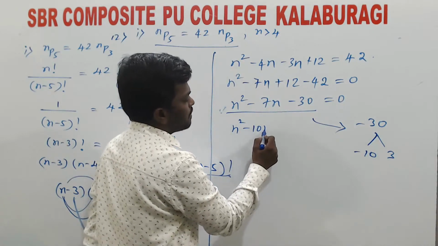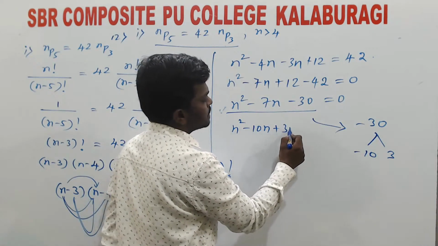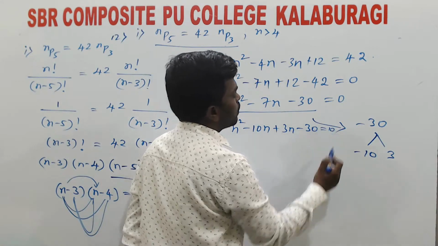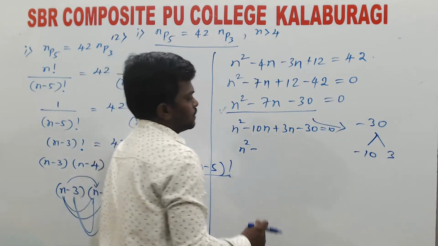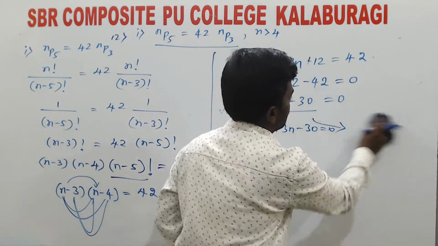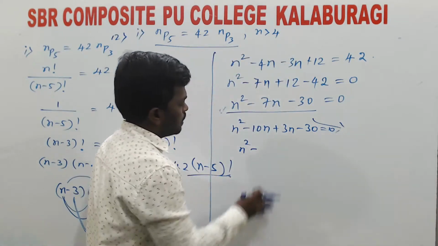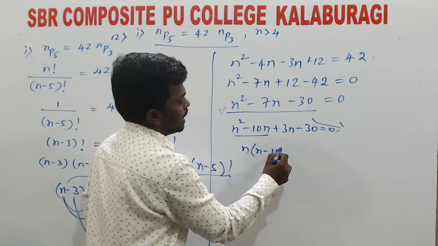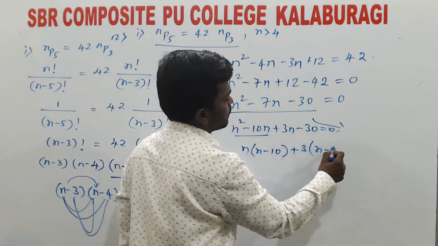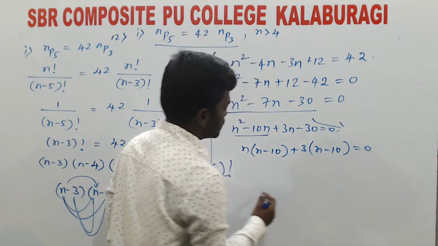n square minus 10n plus 3n minus 30 equal to 0, right? So now take common here. n into n minus 10 plus 3 into n minus 10 equal to 0.